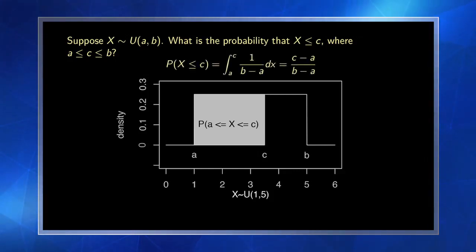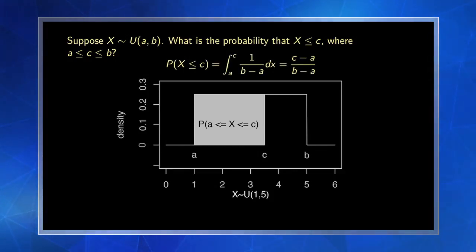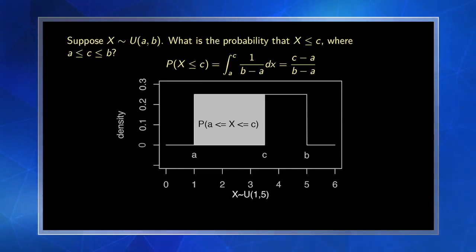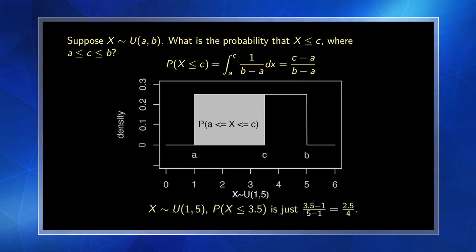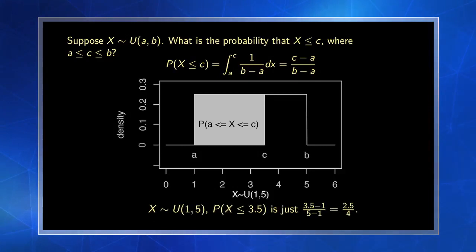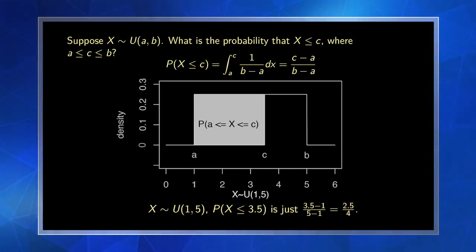We calculate that probability by integrating from a to c, 1 over b minus a dx, which equals c minus a over b minus a. For example, if x is uniform on the interval from 1 to 5, the probability that we're less than 3.5 would be 3.5 minus 1 over 5 minus 1, or 2.5 over 4.